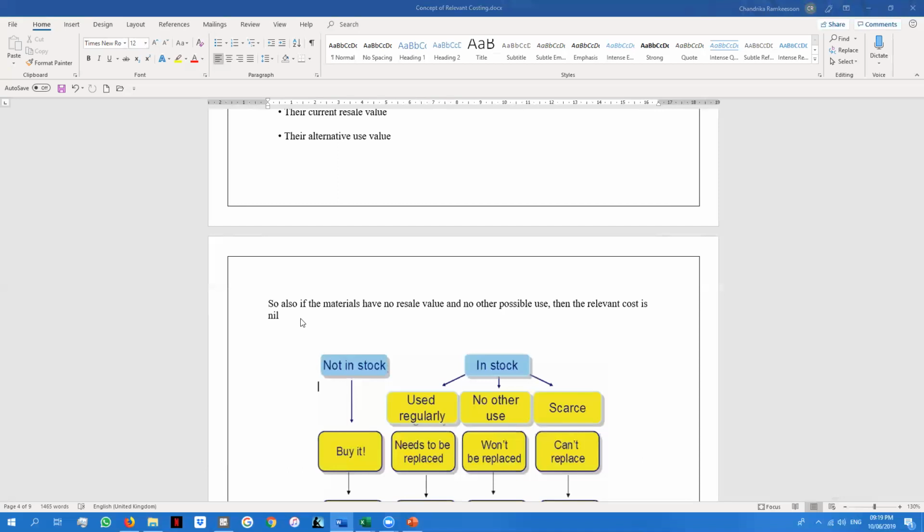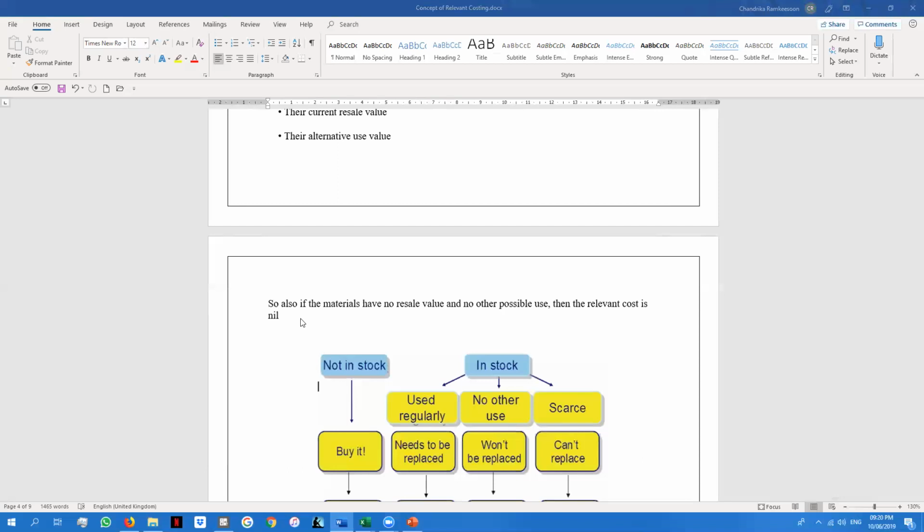But you see, a cost is either relevant or it's not. It can't be halfway in between. And in the example I'm using, if you were to apply the rules of relevance, you will see that the relevant cost is the savings. If the company has to undertake the contract, they will be saving $500.